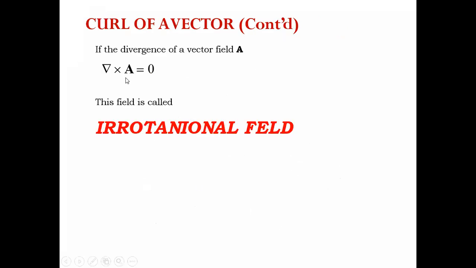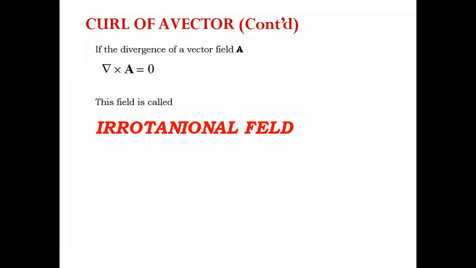And as I told you, if the curl is 0, then it is an irrotational field. So this condition you should remember: for an irrotational field, the curl is always 0. For equipotential surface, gradient is always 0. For solenoidal field, divergence is always 0. And for irrotational field, curl is always 0.